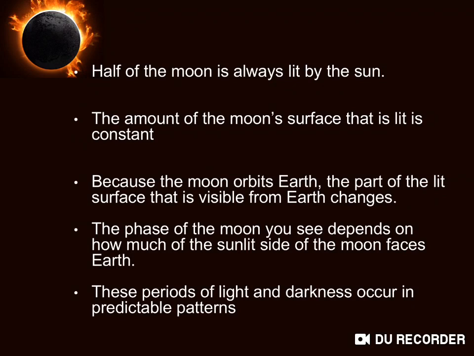Because the moon orbits Earth, the part of the lit surface that is visible from Earth changes. The face of the moon you see depends on how much of the sunlight side of the moon faces Earth. These periods of light and darkness occur in predictable patterns during the month.